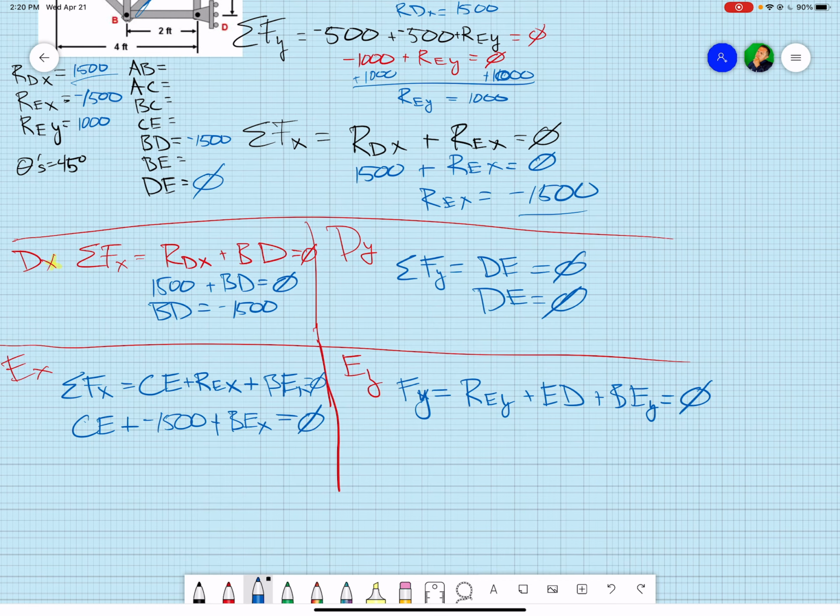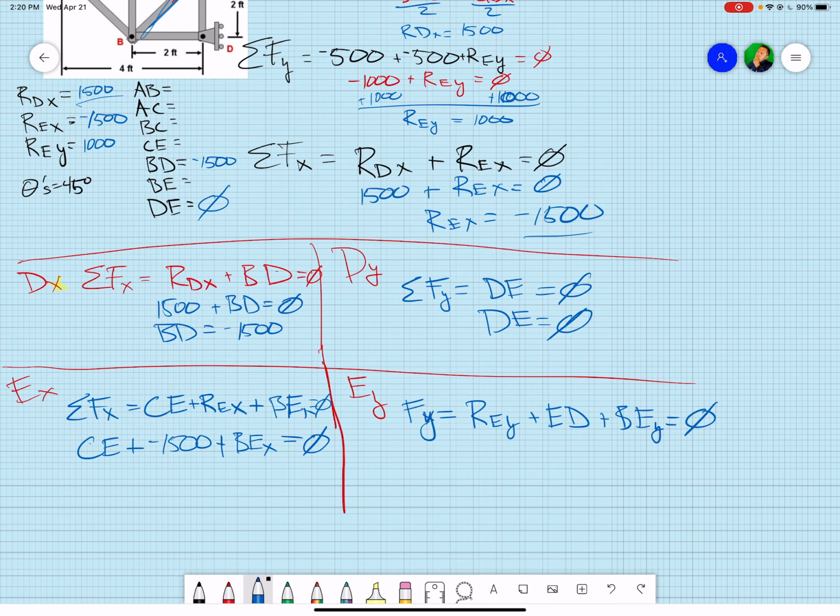We have REY already, so we can put that in. We've got 1,000 there. ED, or DE, either way, is 0. BEY we don't know, but we can figure it out. If I do a little algebra, I get that BEY is equal to negative 1,000.